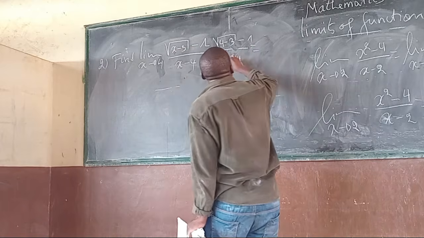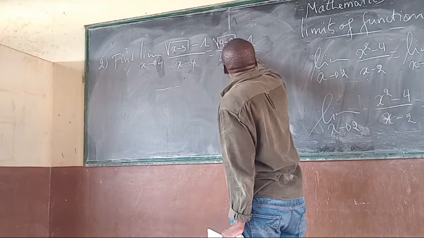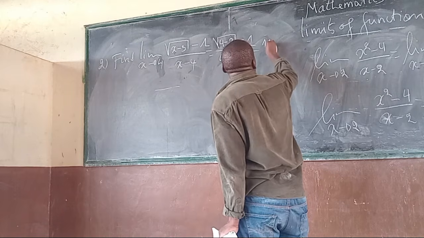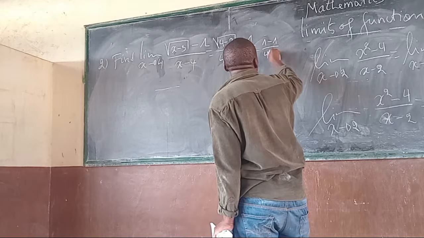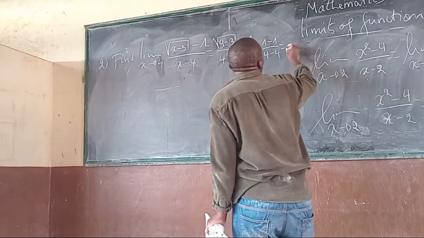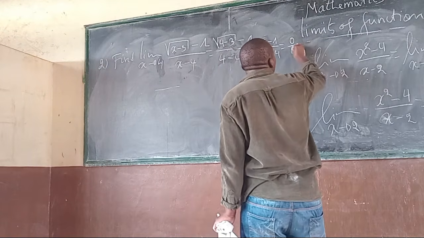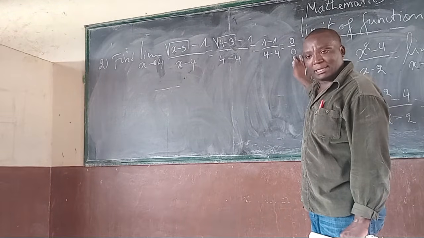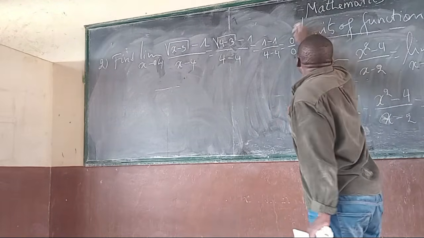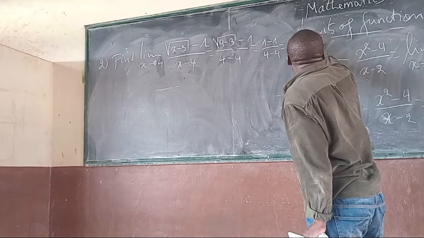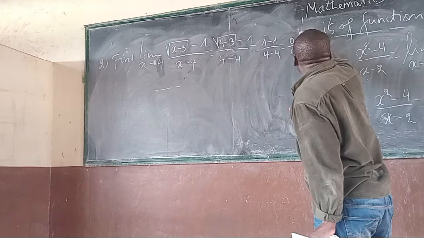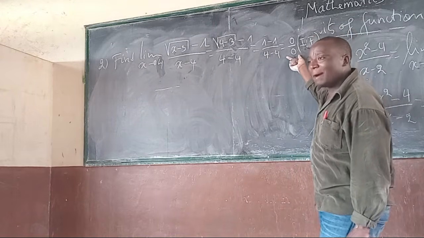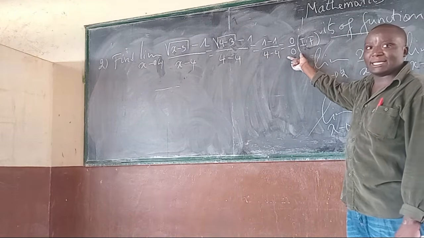You get how many? Square root of 4 - 3 equals 1. Square root of 1 is again 1. You get (1 - 1) over (4 - 4). Again, you get 0 over 0. This form cannot have a meaning in mathematics. This is what you call indeterminate form. I meet with a barrier again, teachers.